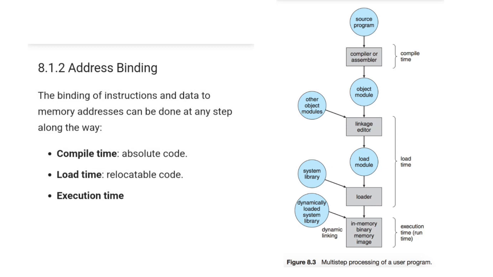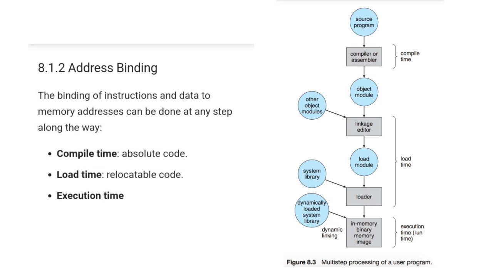If that starting address changes, then the program must be reloaded but not recompiled. The last stage is execution time. If a program can be moved around in memory during the course of its execution, then binding must be delayed until execution time. This requires special hardware, and is the method implemented by most modern operating systems.